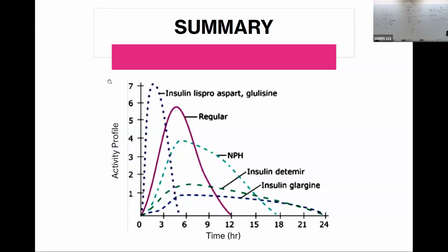And then the short-acting insulins, Lispro, Aspart, and glulisine, act very quickly. And then NPH, a little bit longer, contains protein and zinc, and then insulin detemir and insulin glargine are very long acting. So, any question?